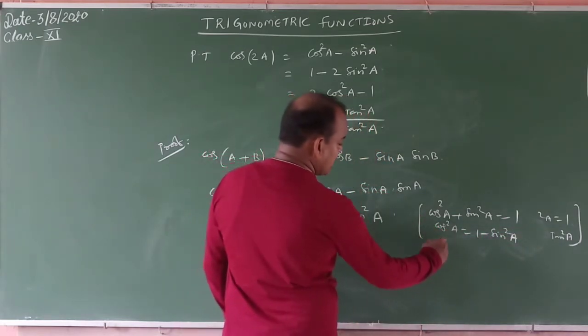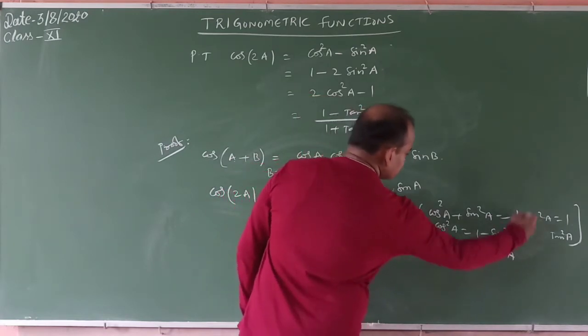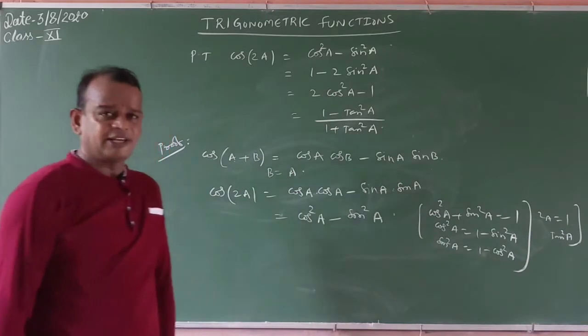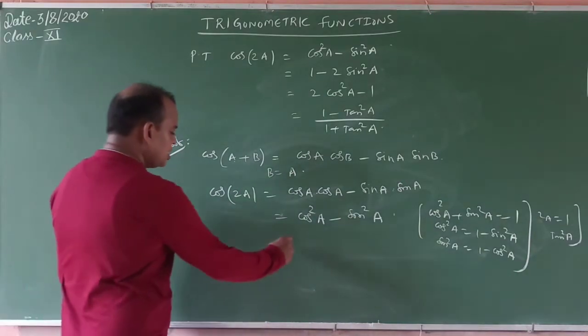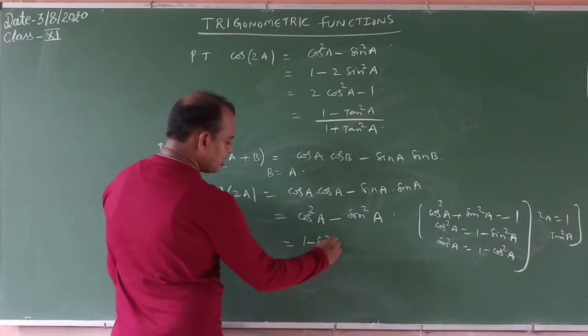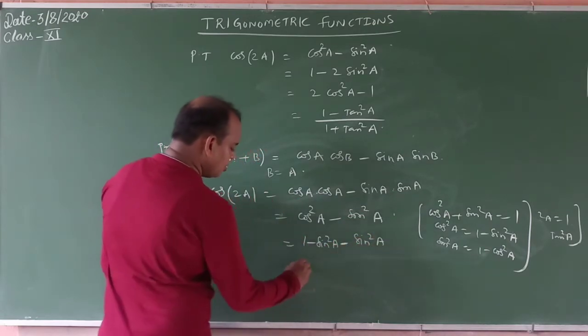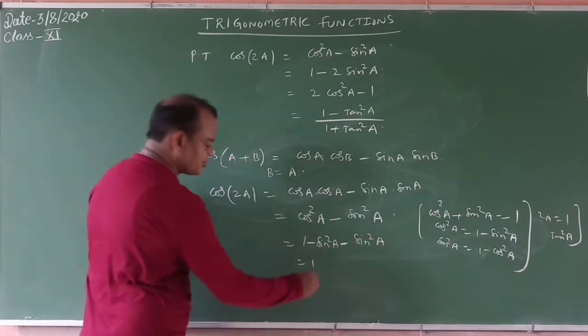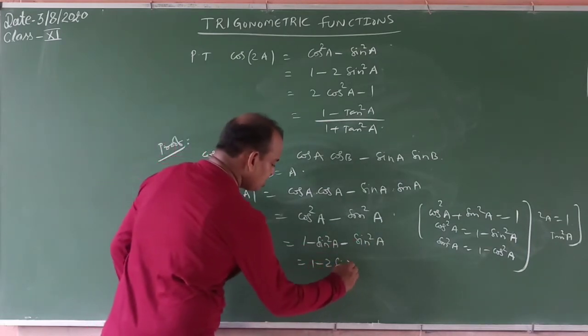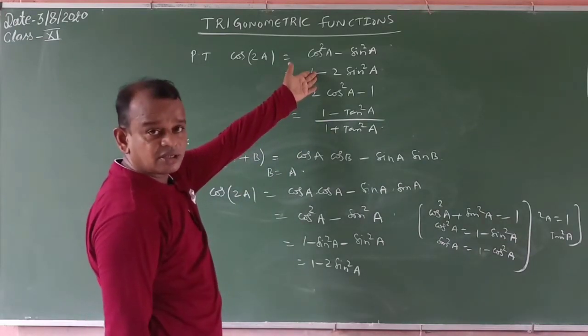From here sin square A equals 1 minus cos square A. You know very well, I think. Now in cos square A minus sin square A, cos square A is 1 minus sin square A, minus sin square A, that equals 1 minus 2 sin square A. This is another formula. Understood or not?